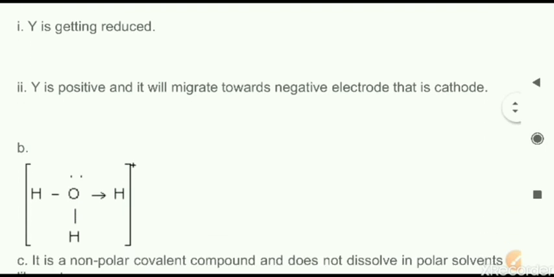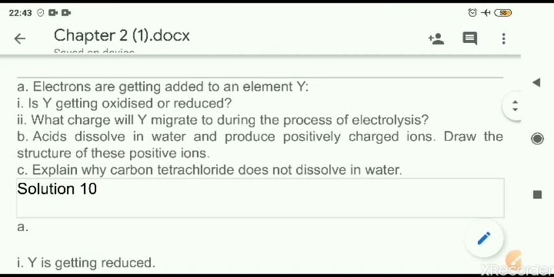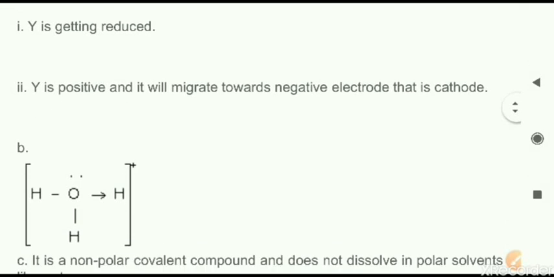In the B part of question number 10, I'm reading from here: what acids dissolve in water and produce positively charged ions? Draw the structure of these positive ions. So what they have asked is, when acid dissolves in water, it produces a positively charged ion.